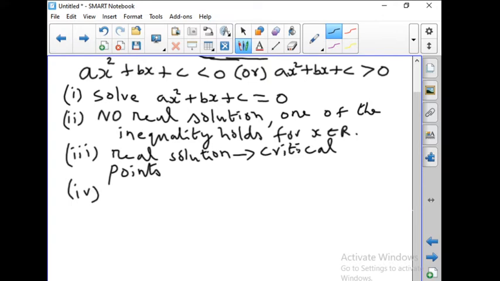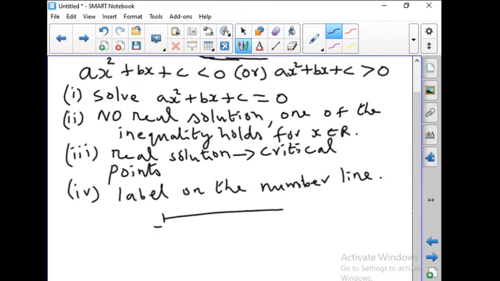So this is minus infinity and this is plus infinity. If you have two values for x, say x is equal to minus a comma b, then minus a will be somewhere here and b will be here. Approximately we label it.